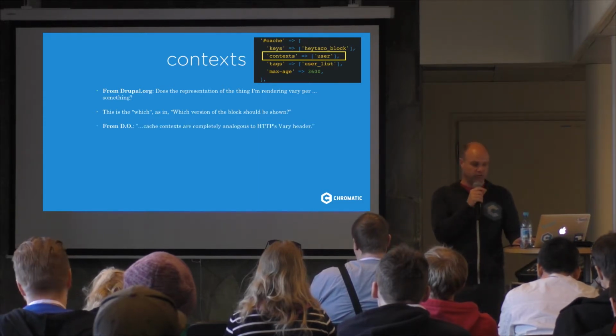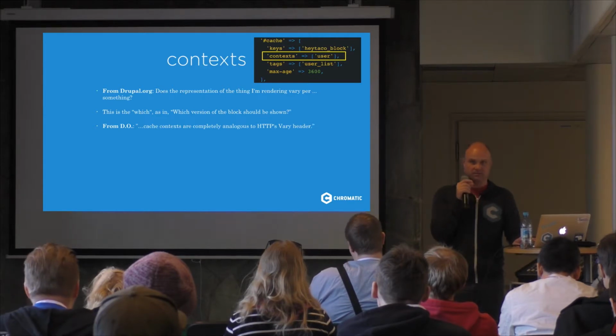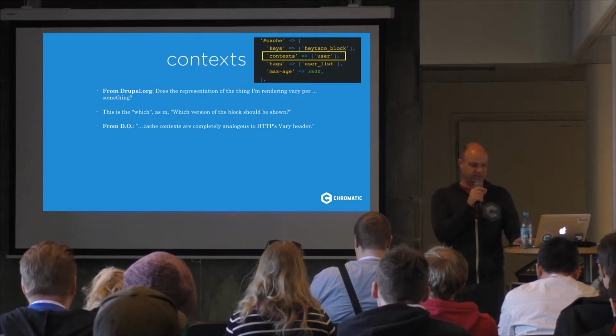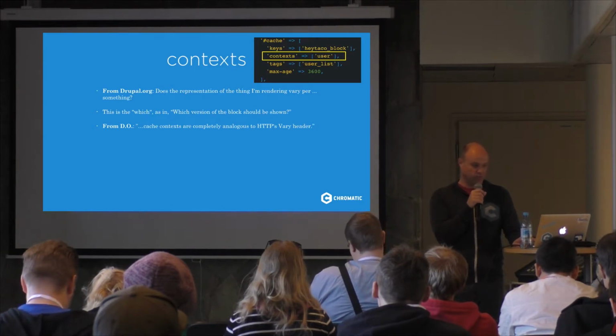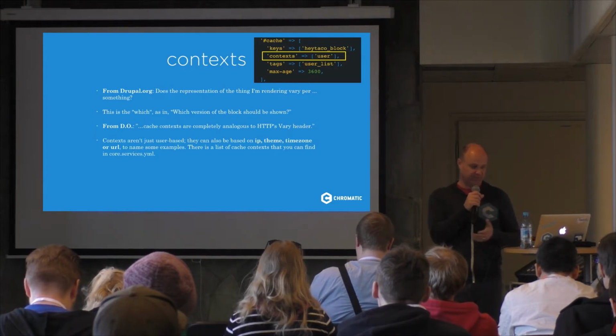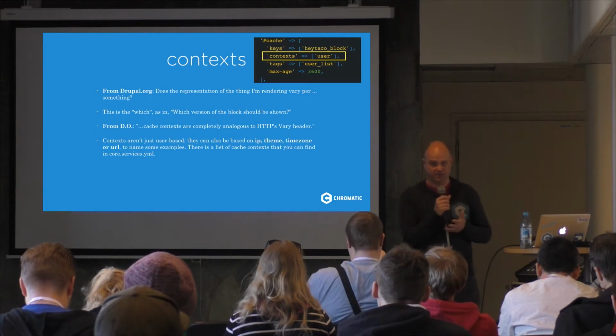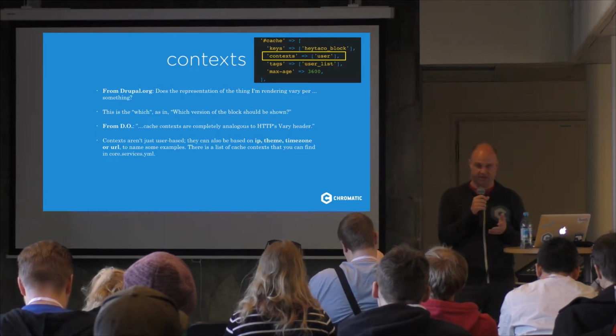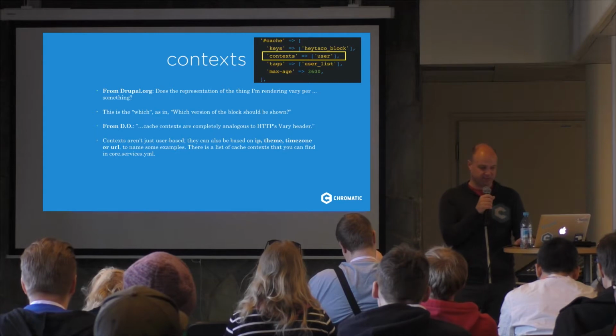And so Drupal then knows that, okay, depending on which user it is, I have to show a different context of this block. So I call it the which. And for people who like their HTTP headers, it also says that cache contexts are completely analogous to HTTP's vary header. So if that helps you understand it better, all the power to you.